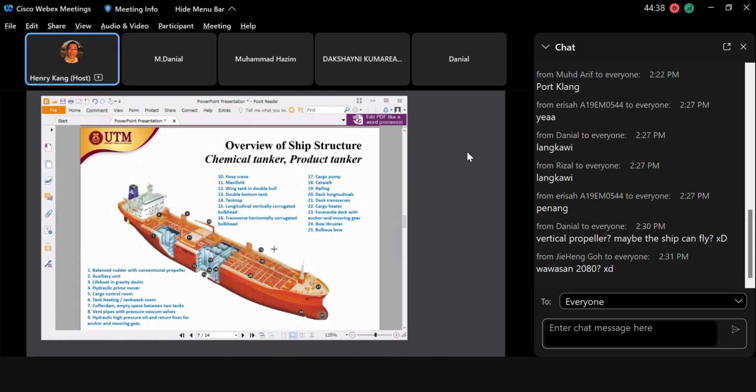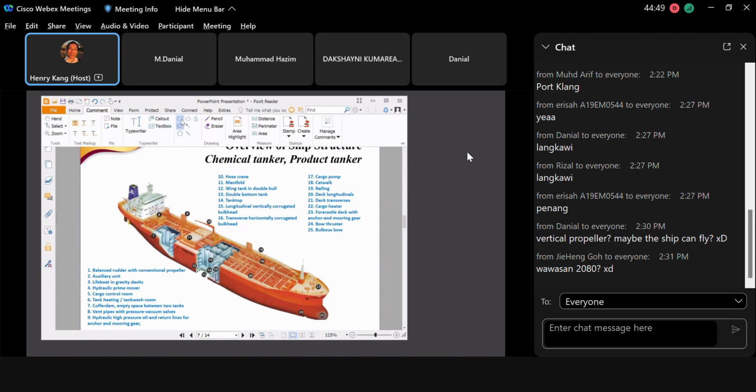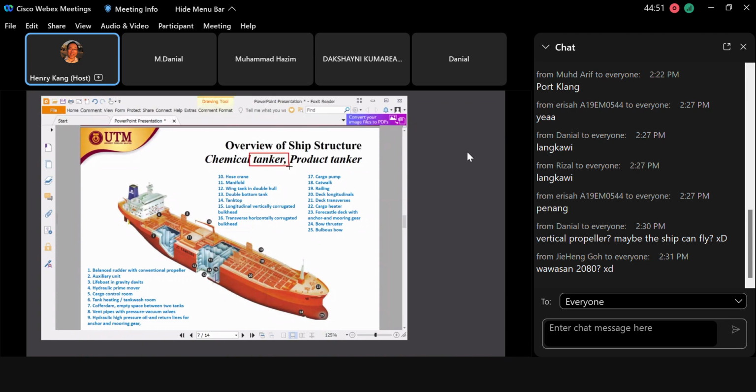So we go to the next one. The next one is also very relevant to our Malaysian business. This is the chemical tanker. Tanker is what? Tanker is not tank, okay. A tanker is a ship to transport hydrocarbon or chemicals. Chemicals are, for example, gas, petrol.